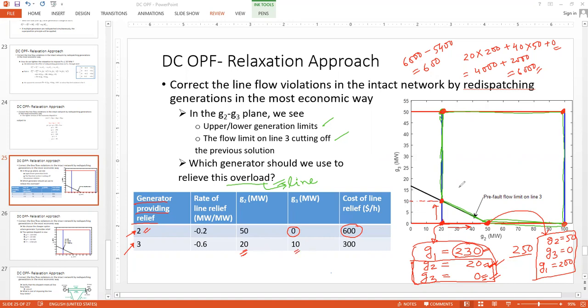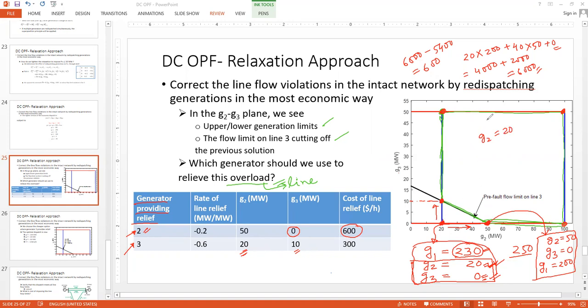This is one way to take it from the graph, but you can also solve for the value of G3. This is the equation for G2: G2 equals 20, and this line is getting intersected. So what is the equation of this line?